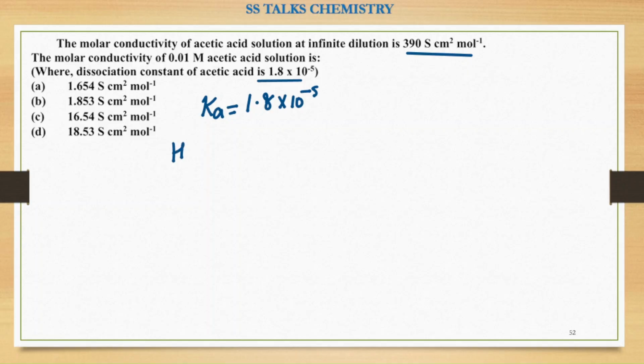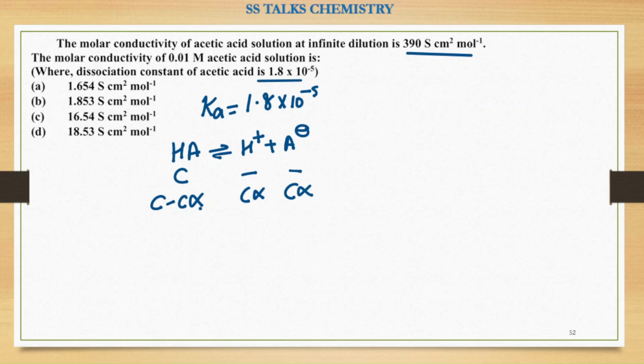So for any acid that is dissociating, it's going to give you H positive plus A negative, right? Initially it is of C concentration and these are not dissociated. So after some time, if alpha is the degree of dissociation, this much extent of the HA is going to dissociate. H positive formed will be C alpha. A negative formed will also be C alpha.